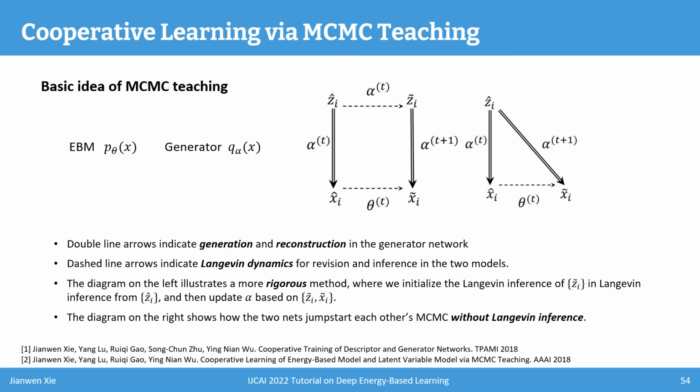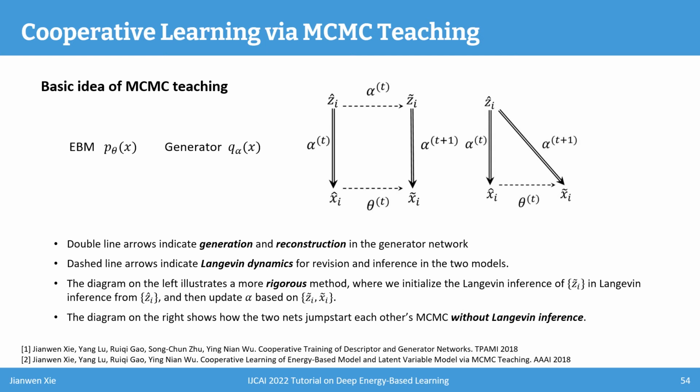I use the following diagrams to further illustrate the basic idea of the MCMC teaching. Double line arrows indicate generation and reconstruction in the generator network. Dashed line arrows indicate Langevin dynamics for revision and inference in the two models.